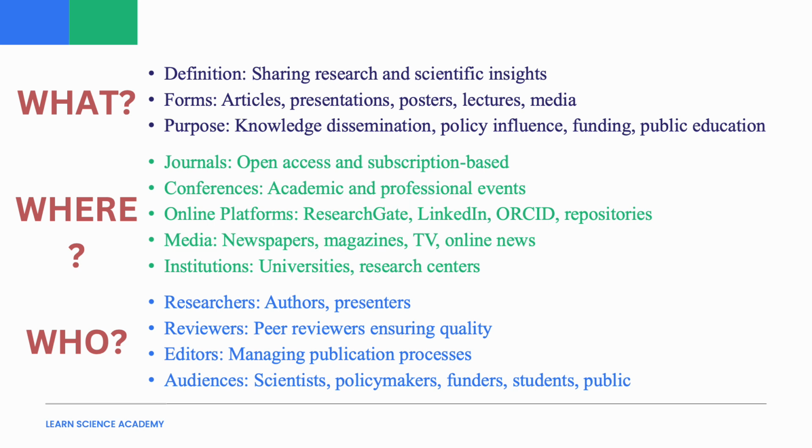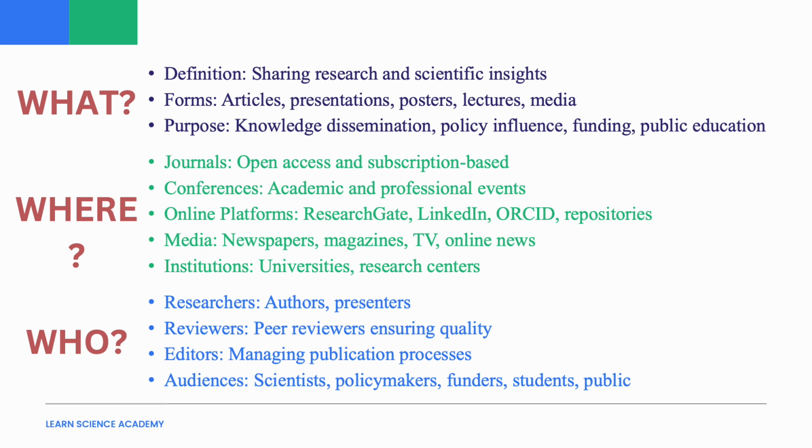So, academic and professional gatherings where researchers present their work, engage in discussions, and network. Then there are online platforms such as ResearchGate, LinkedIn, ORCID, and institutional repositories, facilitating various collaborations, sharing of preprints, and networking.